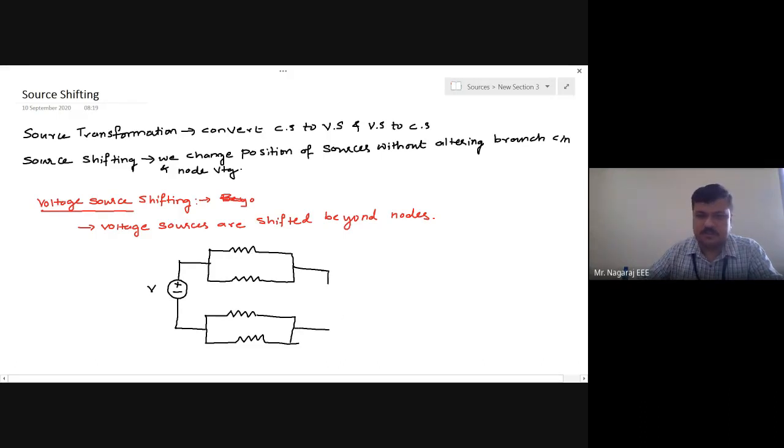Let this be the circuit. I have purposely taken this circuit because it covers all understanding of voltage source shifting.